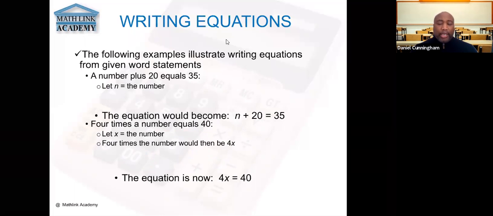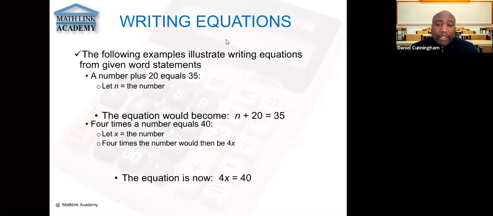Now, it's very important to understand both of these equations and how we solve them differently. Again, if you're writing things down, you may want to say that the opposite of addition is subtraction, and the opposite of subtraction is addition. The opposite of multiplication is division and vice versa.